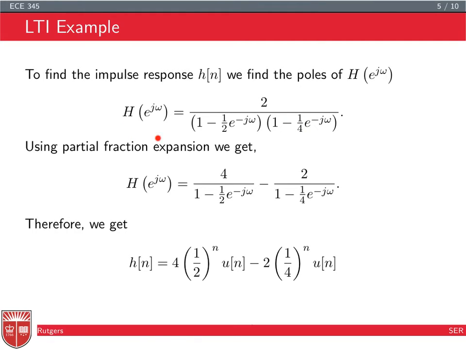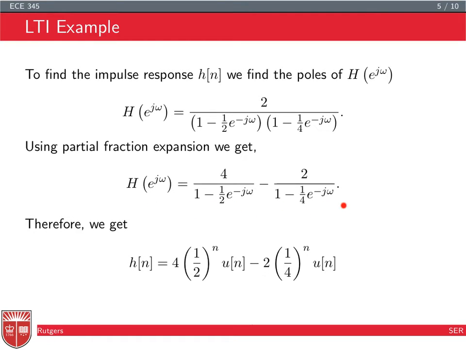And then you can write it under this form, and now you can do the partial fraction expansion, where you can write that H(e^jω) equals some constant divided by 1 minus 1/2 e^(-jω) plus some other constant divided by the other factor. Then you can find these constants A and B by using the method that you know by now. Here I'm just giving you the result, but you should actually check that it is correct.